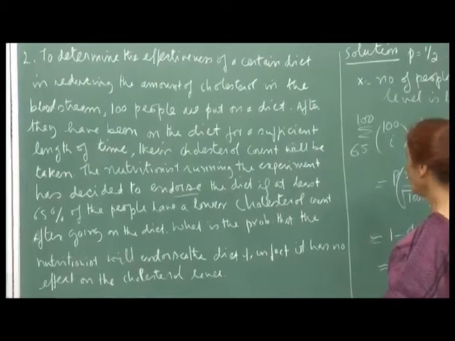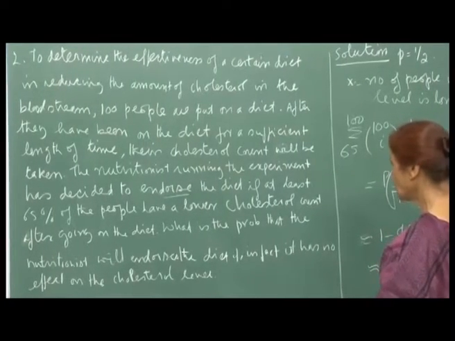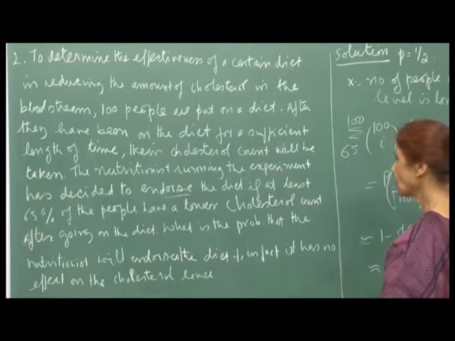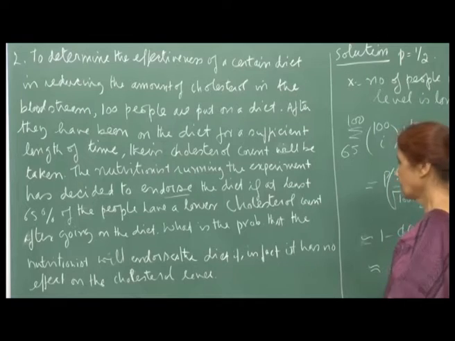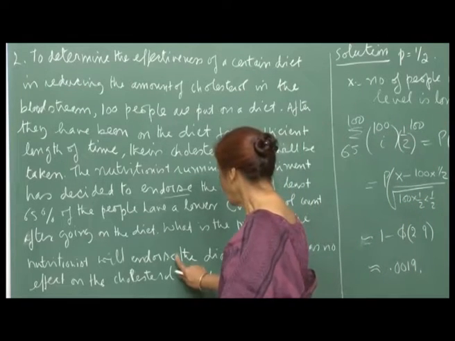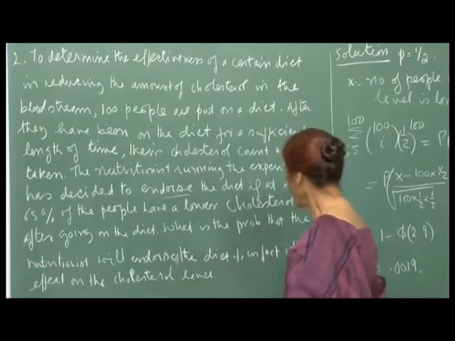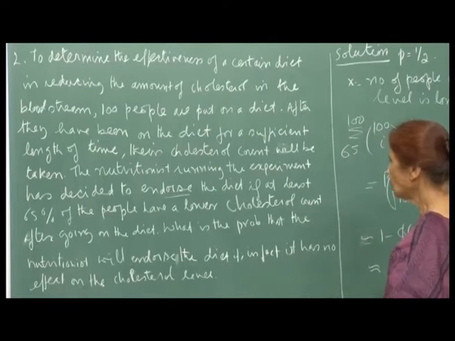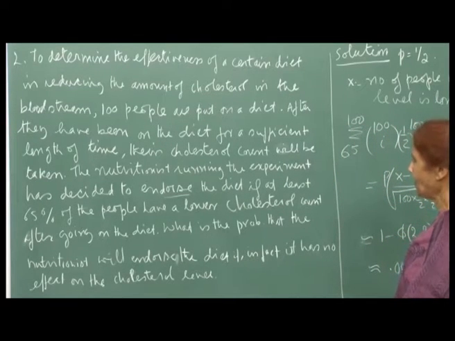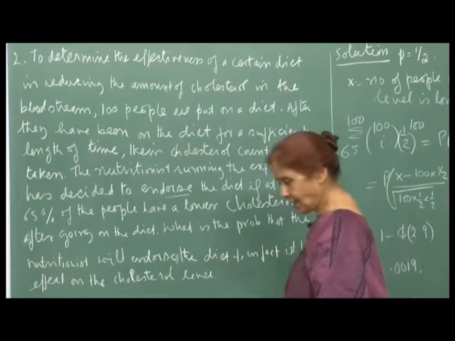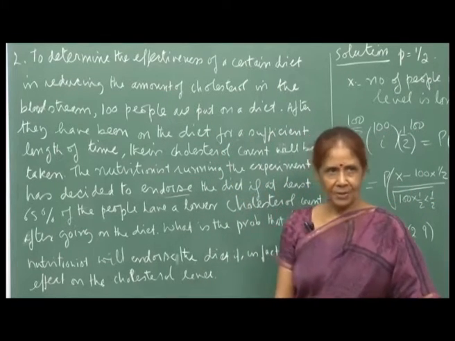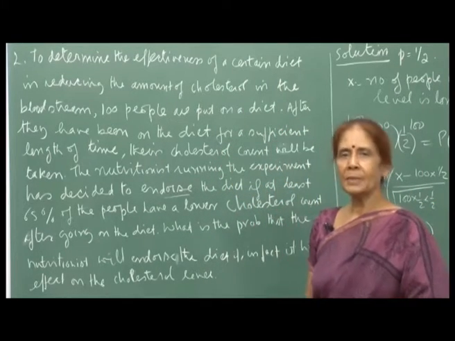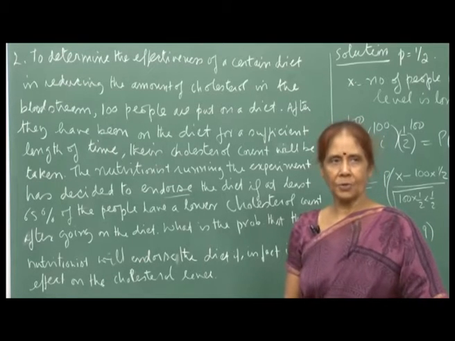So, now what we want to find out is the probability that the nutritionist will endorse the diet if in fact it has no effect on the cholesterol level. So, what we are saying is that suppose the diet has had no effect on the cholesterol, but what is the probability that the nutritionist will still endorse it.